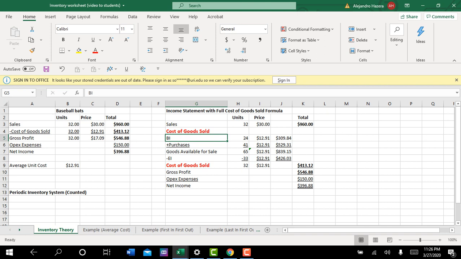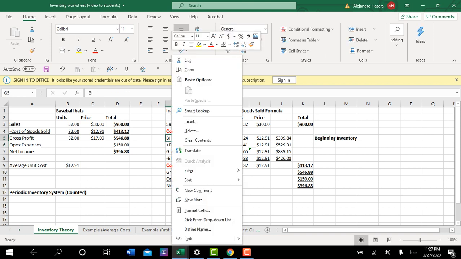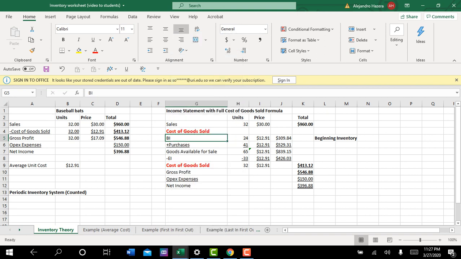So let's start with this number right here. BI stands for beginning inventory. We use BI as the acronym for beginning inventory. What this is saying is that at the end of last period, which is also the beginning of this period, the company closed its doors and counted that they had 24 baseball bats on hand.